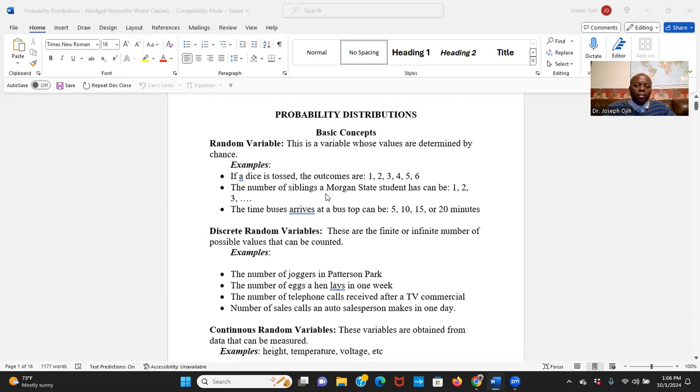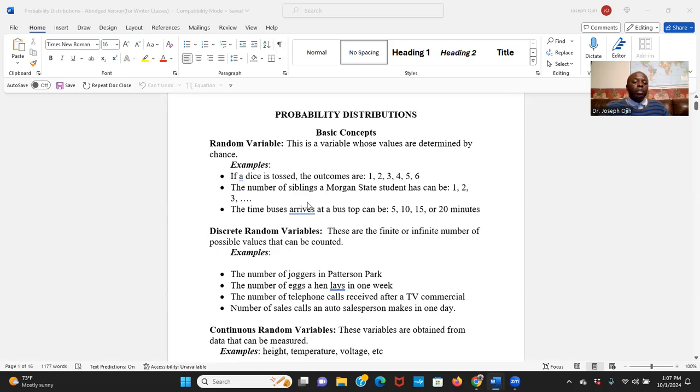The number of siblings a Morgan State student has can be 1, 2, 3. For the student it is not random, but for us who don't know her or him, it is a good example of a random variable. Now how about this? The time a bus arrives at the bus stop. It can be 5 minutes early or 5 minutes late, 10 minutes early, 10 minutes late, but it's a random variable.